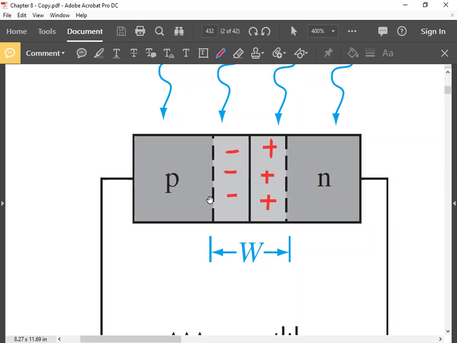So the volume of that region is A into Ln, right? Yes, sir. And similarly, another contribution will come from here, holes, and that volume will be A LP. So this part understood? Yes, sir. By considering these three regions, we can get the equation of optically generated current or photogenerated current.